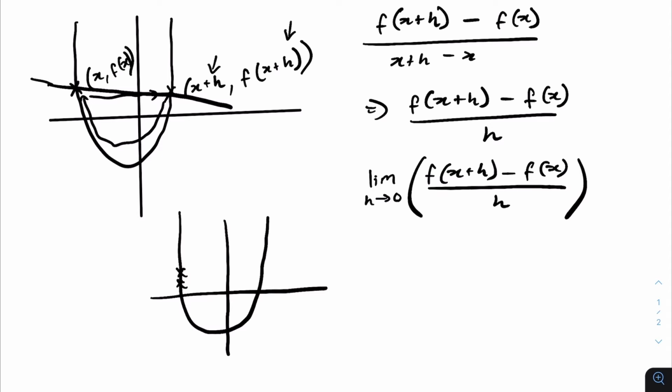So we're actually still using the gradient formula, but with two points that are actually the same point. That's why we have to make h tend towards 0, because when h is 0 there is no gradient; it's indeterminate. By doing this, we create a determinate value.